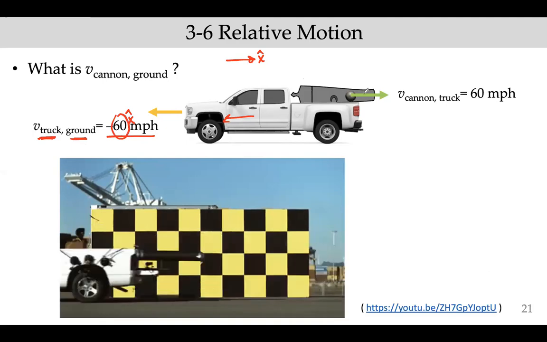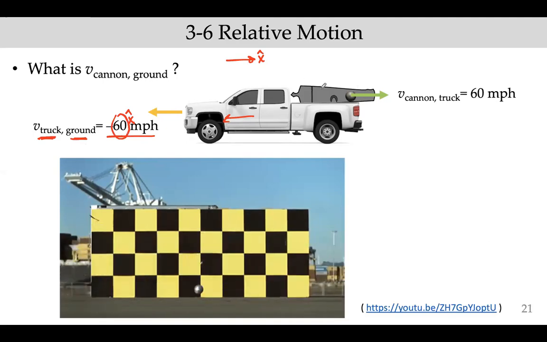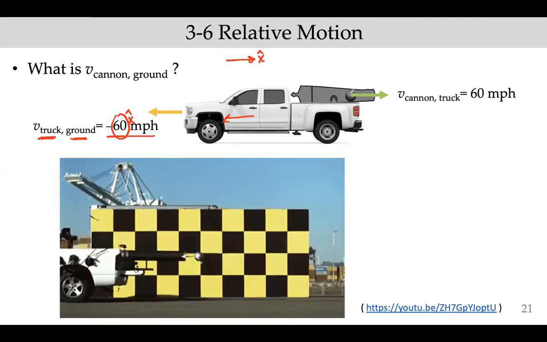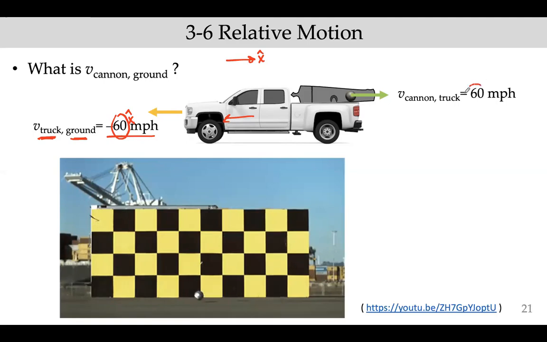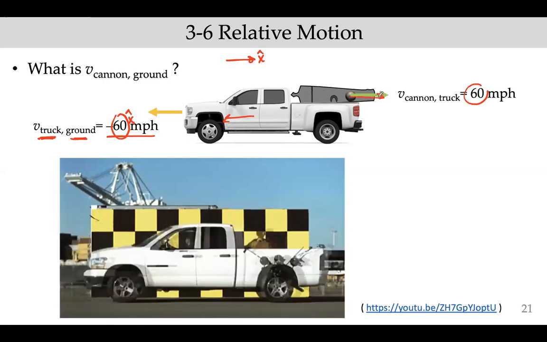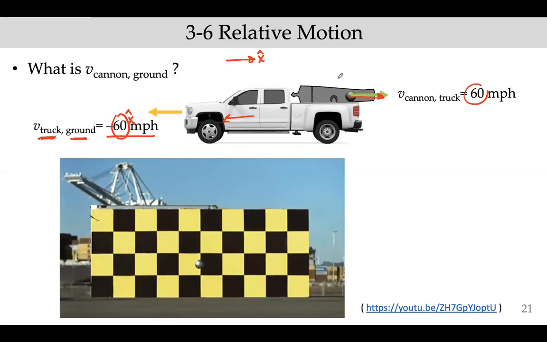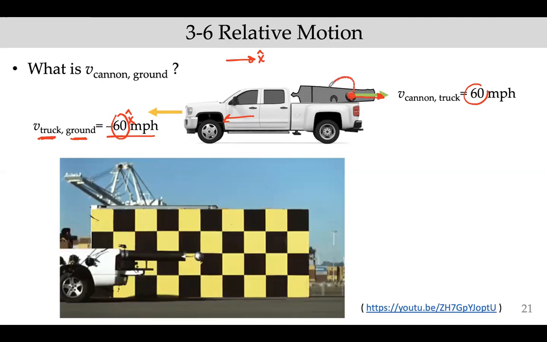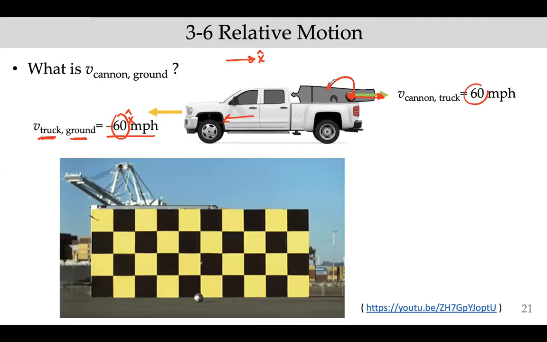Now you have a cannon here, and this cannon shoots cannonballs with speed, again, 60 miles per hour. Let's say the cannon shoots a cannonball. That 60 miles per hour is the velocity of the cannonball with respect to this cannon, right? Or with respect to the truck, because they are connected.